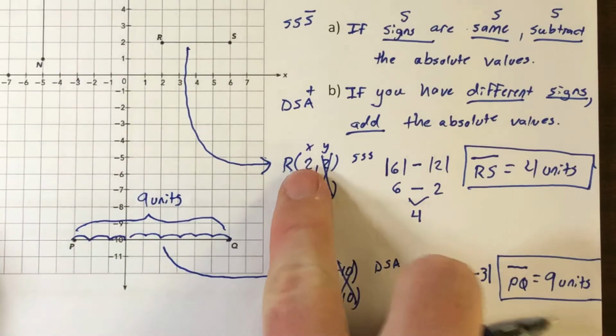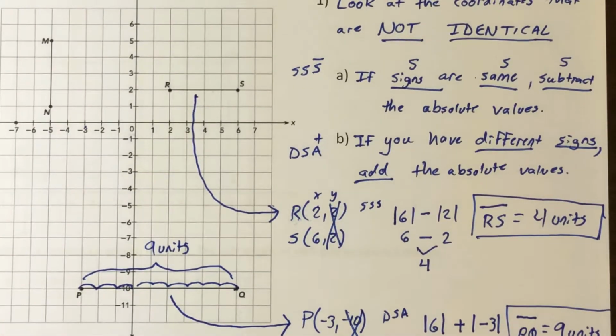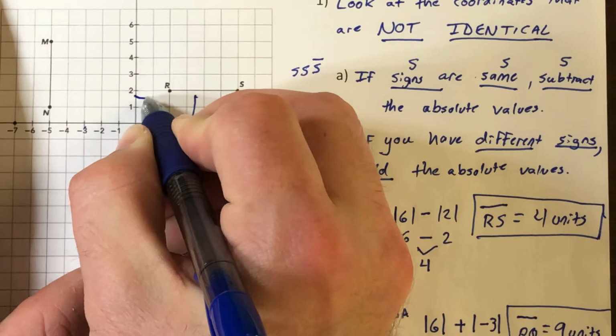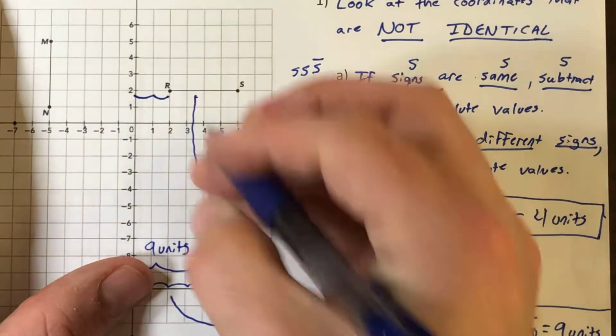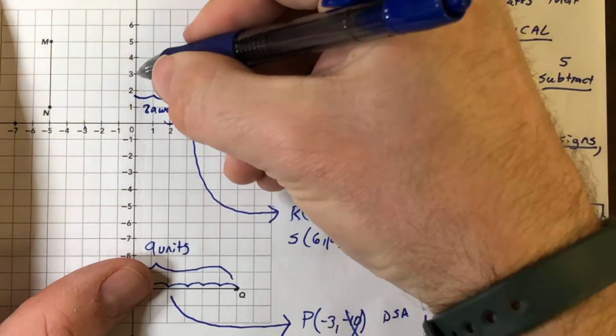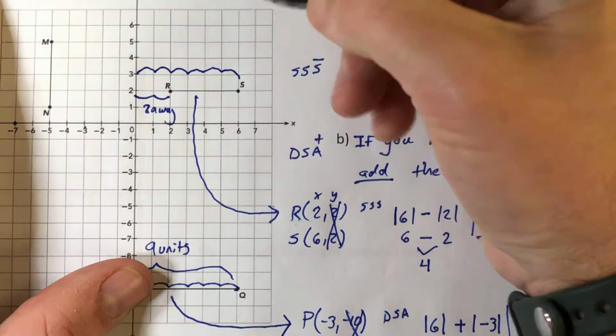Now, on our other example with RS, you'll notice they're both in the same quadrant. On this one, R was 1, 2 away, while S was 1, 2, 3, 4, 5, 6 away.